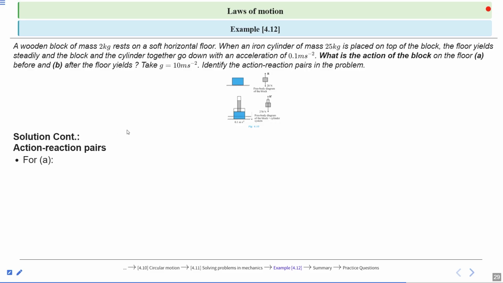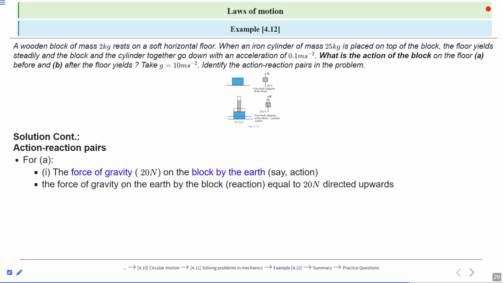For A means before and B means after the floor yields. So for A, the force of gravity, 20 Newton on the block by the earth, we can say this is action. And the force of gravity on the earth by the block, this is called reaction, that is equal to 20 Newton and directed upwards.